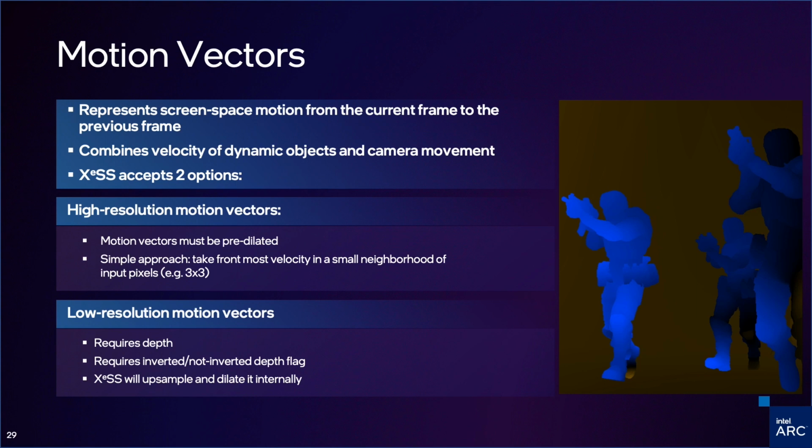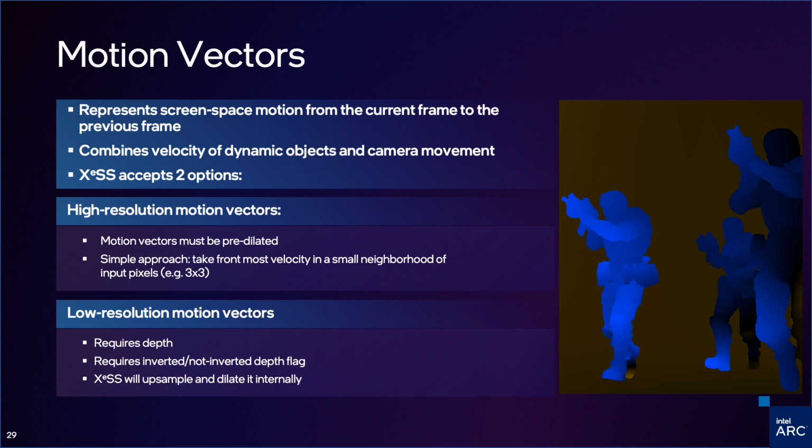Some game engines, for example Unreal Engine, directly provide high-resolution dilated motion vectors to pass to XeSS. In case the game isn't able to provide high-resolution motion vectors, low-resolution motion vectors should be passed to XeSS along with depth buffer. XeSS will upscale and dilate these motion vectors to produce high-resolution motion vectors.